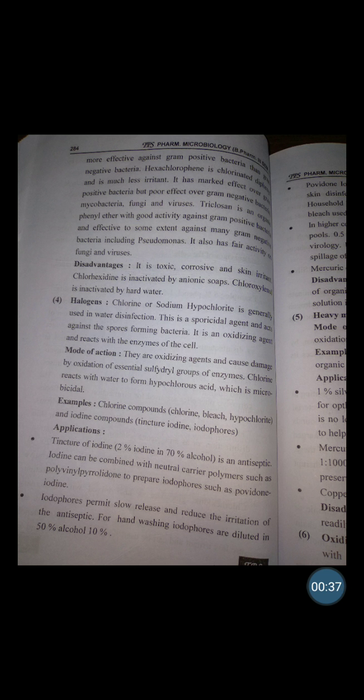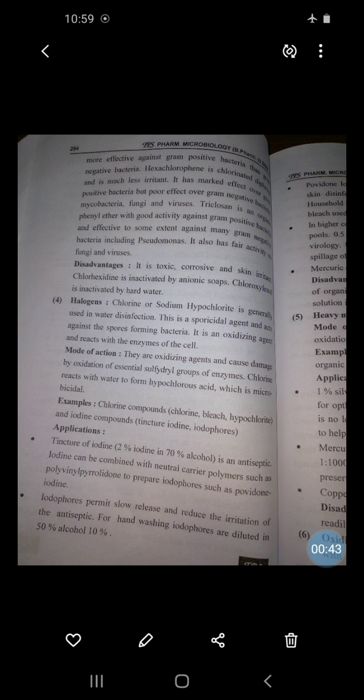It is an oxidizing agent and reacts with the enzymes of the cell. The mode of action of halogens: they are oxidizing agents and cause damage by oxidation of essential sulfhydryl groups of enzymes. Chlorine reacts with water to form hypochlorous acid, which is microbicidal.